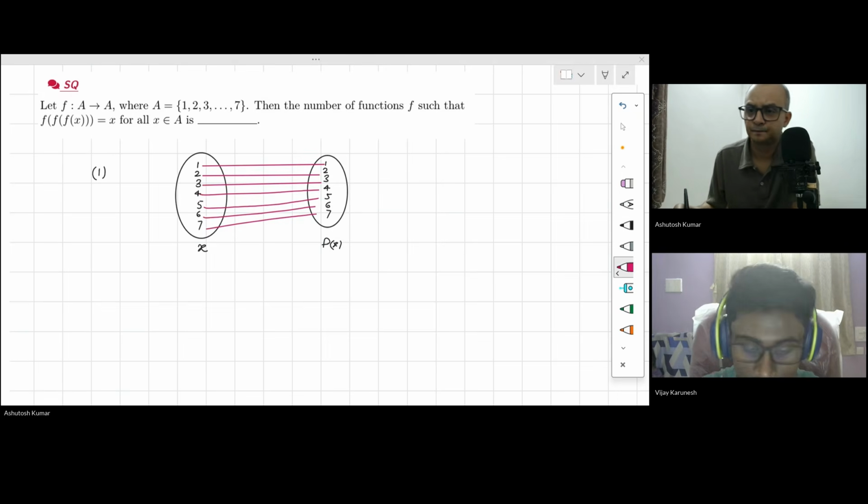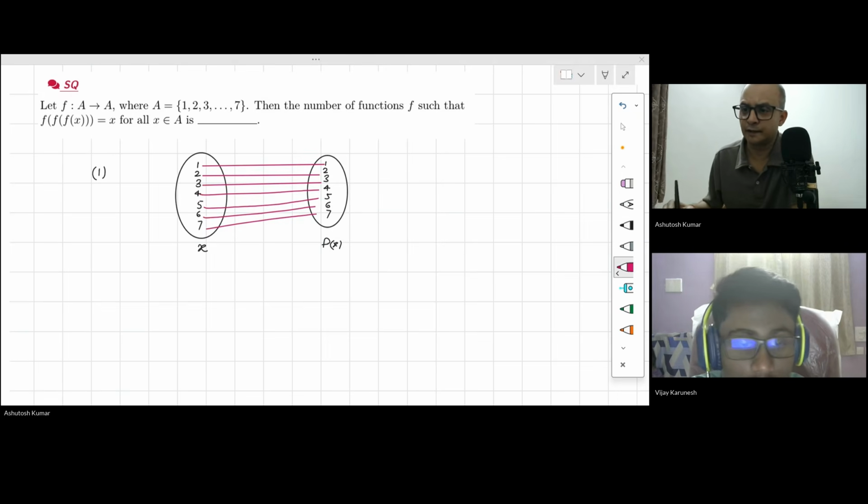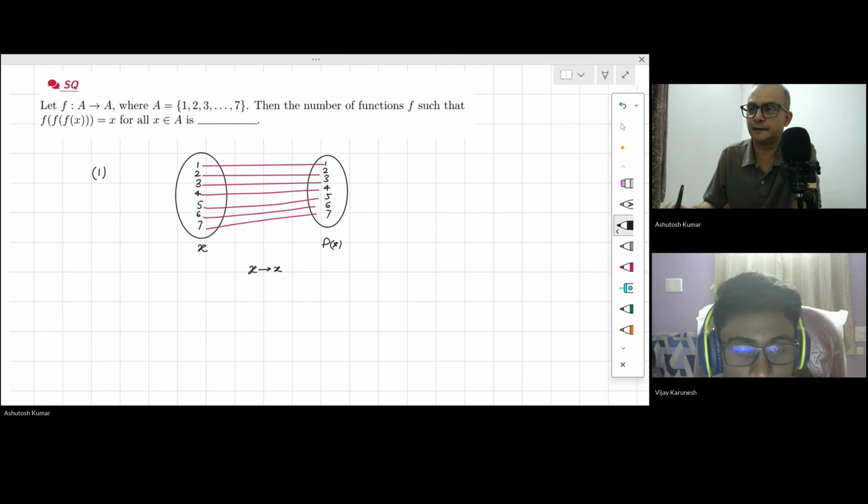So what I wanted to say is this thing. Suppose I try to map 1 to 1, 2 to 2, 3 to 3, 4 to 4, 5 to 5 like this. It means I'm mapping x to x. In this case, let's think whether this is true or not. Of course, we get f(x) equal to x.